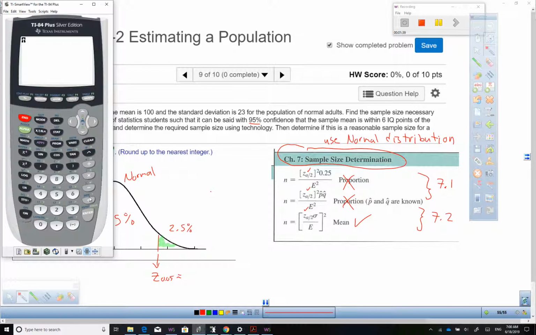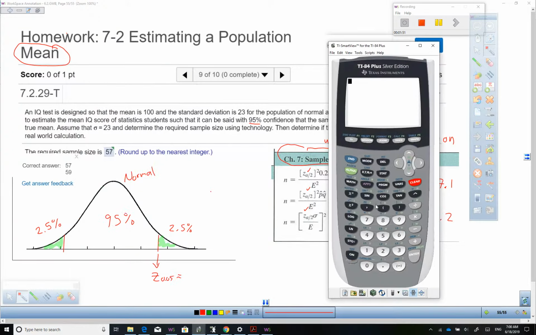Let me reset my calculator, and I will find the critical value by doing second vars, inverse norm, which is number 3.